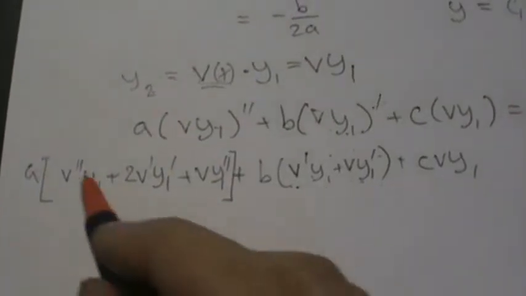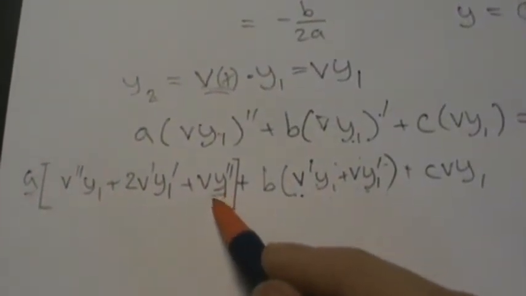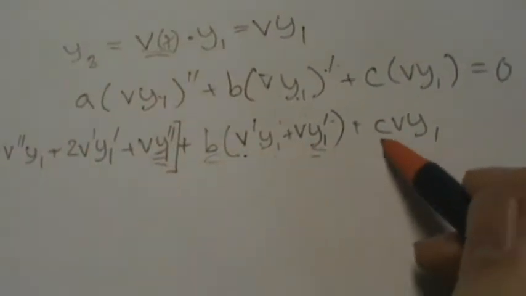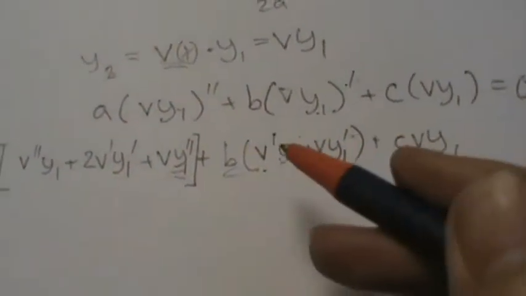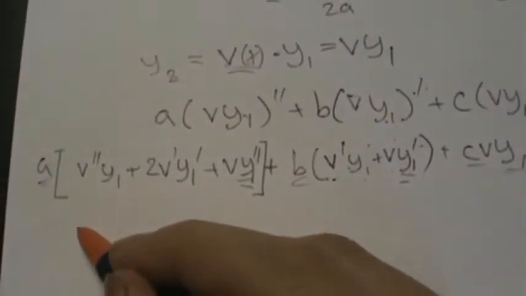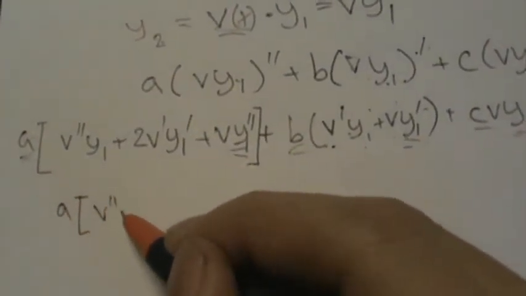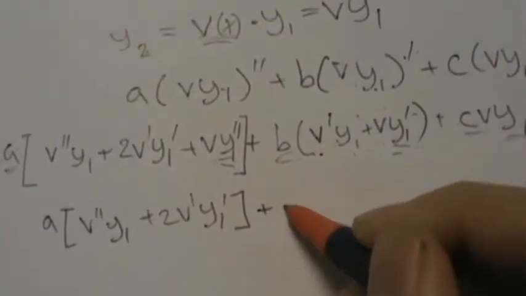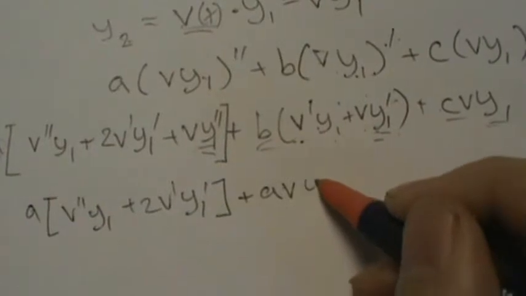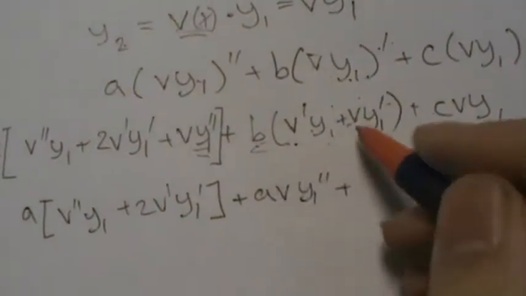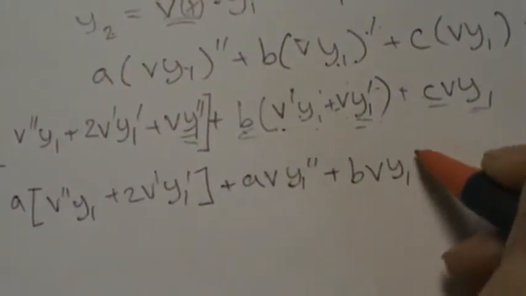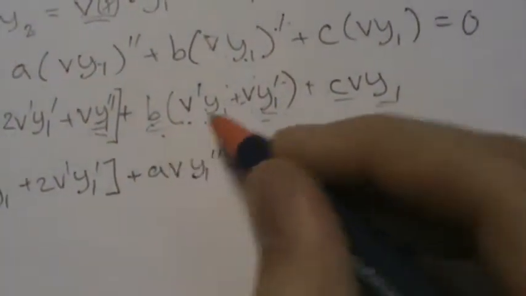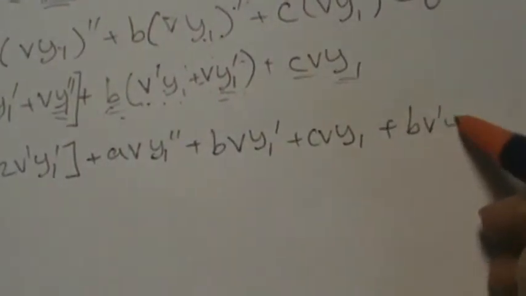If you notice here, this term a y1 double prime, b y1 prime, and c y1, that entire thing adds up to 0. So if I distribute it correctly, I have this plus 2 a v prime y1 prime, and then I have this term b v y1 prime, and this term c v y1, plus, I forgot this term here, b v prime y1.